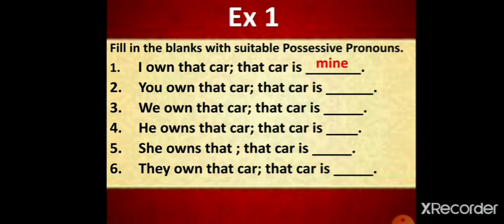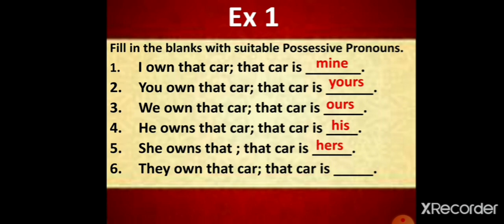Number 2. You own that car. So you से क्या बनेगा? That car is yours. We own that car. That car is ours. वो हमारी कार है. He owns that car. That car is his. She owns that car. That car is hers.